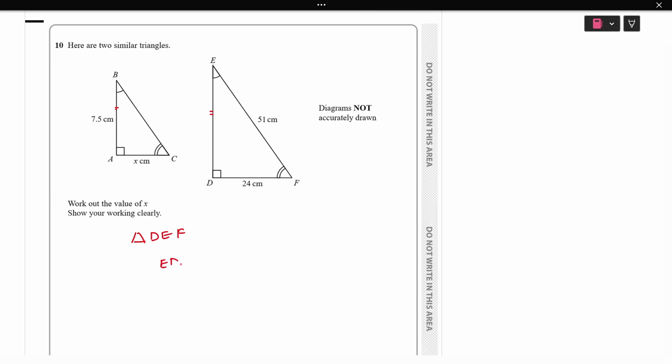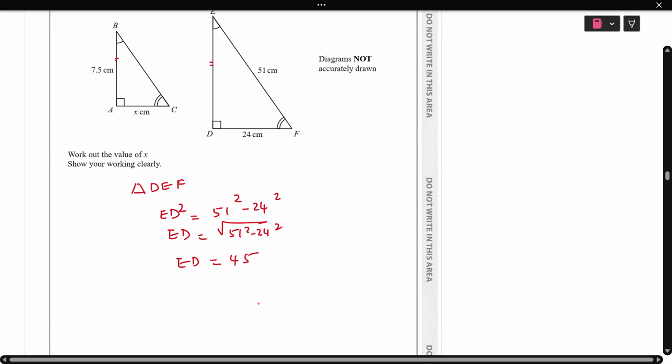ED square equal to 51 square minus 24 square. ED equal to square root of 51 square minus 24 square, which is ED equal to 45.